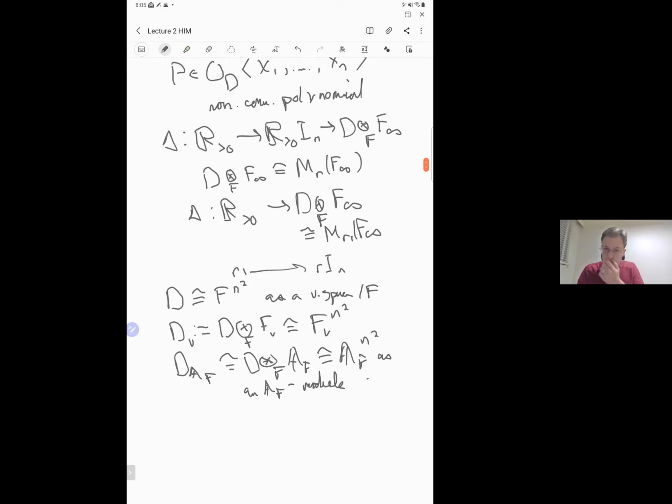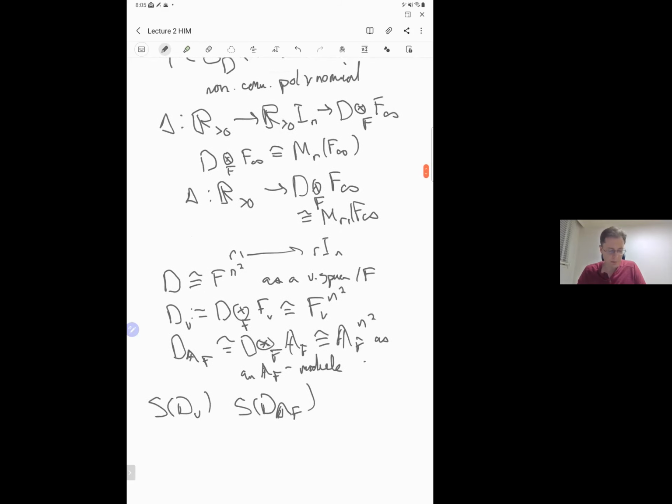So with these things in mind, we have a definition for Schwartz spaces attached to these local objects and these global objects. I can define the Schwartz space of D_v and the adelic Schwartz space, because I know what they are for anything isomorphic to A_F^(n^2), and also for any vector space.